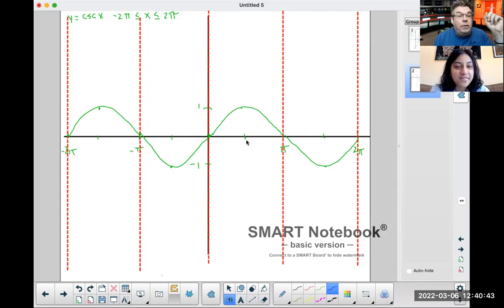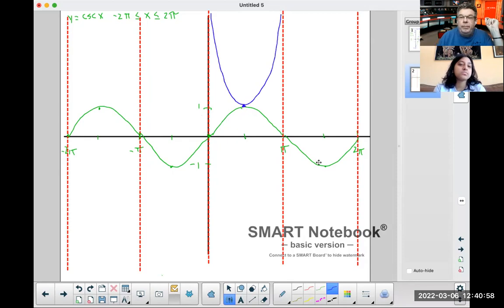Okay, so at pi over 2, sine is 1. 1 over 1 is 1. It's just a flip, that's all you've got to do.